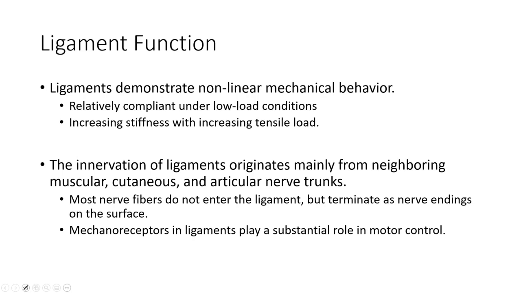You see this potentially with chronic use, like if someone is a pitcher, they have changes in the joint capsule, which is kind of like an extra-articular ligament. They have increased stiffness with higher tensile loads, so they are pretty compliant under low load, but under high tensile load they get a little bit stiffer.